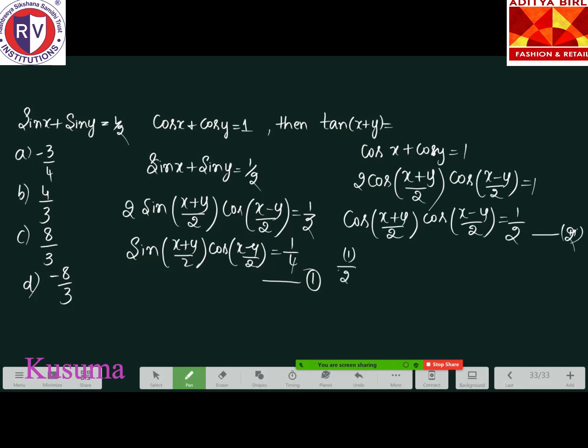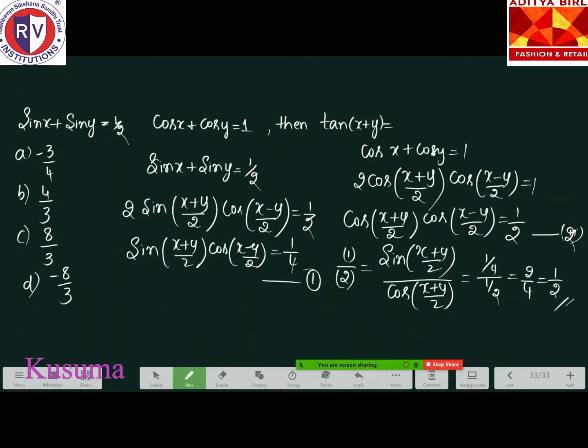Now, let us divide equation 1 by equation 2. So, what will it give us? When we divide this equation by this equation, cos of x minus y by 2 in both the terms cancels and will give us sin of x plus y by 2 divided by cos of x plus y by 2 is equal to 1 by 4 divided by 1 by 2, that is 2 by 4 or 1 by 2.